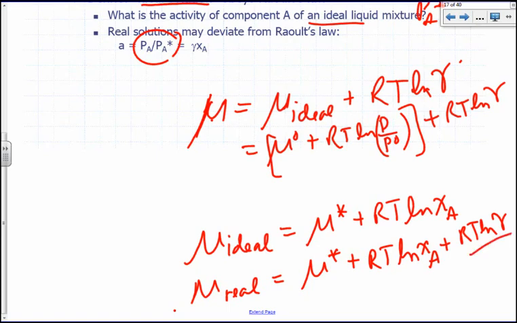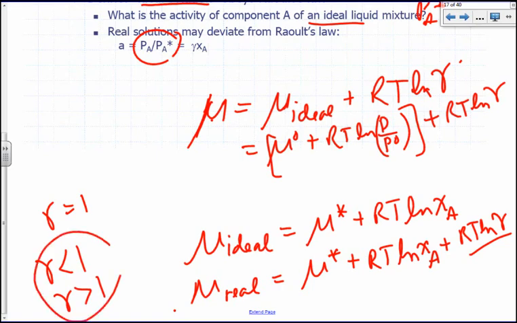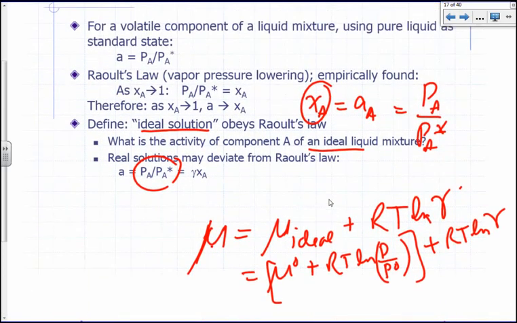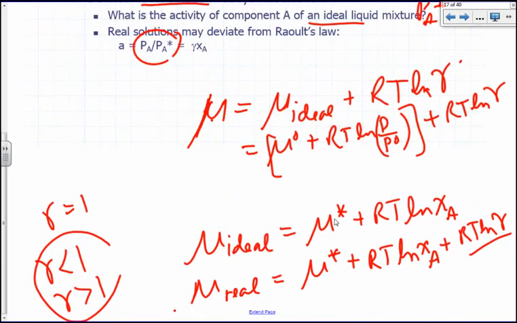So if gamma is 1, your solution is behaving ideally. You say it obeys Raoult's law, and you can interpret gamma less than 1 and gamma greater than 1 as deviations from ideal behavior. If you combine these two, that gives you RT ln gamma times X of A.